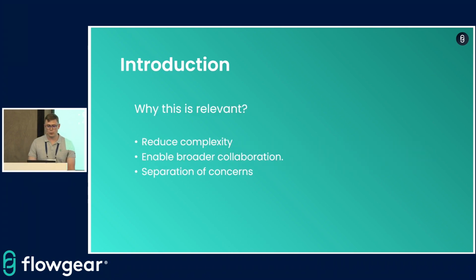And then, why is this relevant? So web apps reduce complexity by simplifying the way users interact with complex systems. It enables broader collaboration by providing access to certain systems that users might not always have had access to.